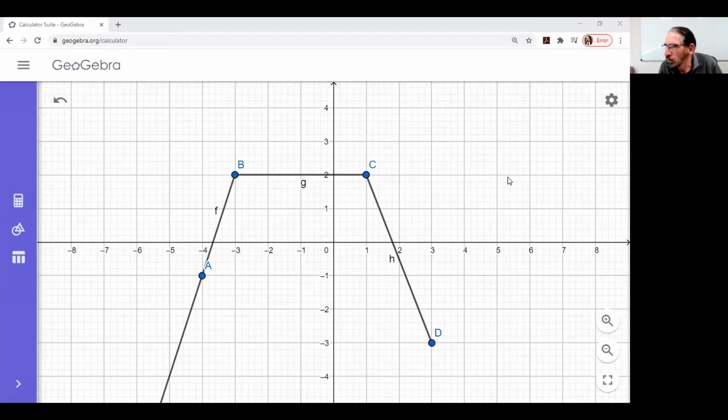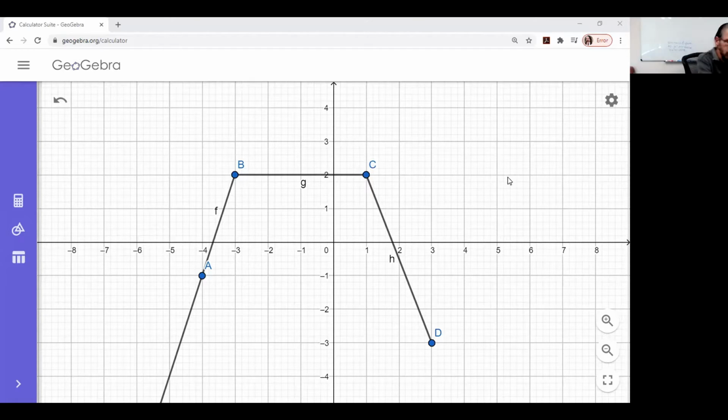And then it is constant along the next interval, going from -3, 2 to 1, 2. And then finally from 1, 2 to 3, -3, where we have it decreasing.